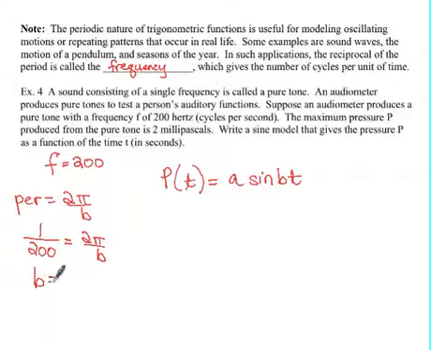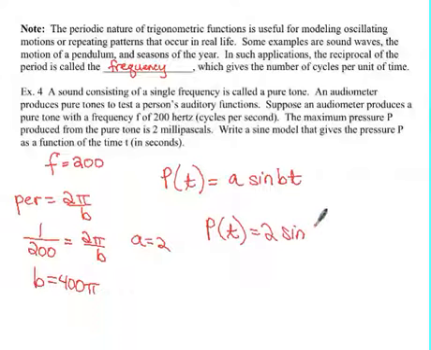Now we can just cross multiply, and I know b then is 400 pi, so I'm going to plug that in for b. A, if you know the maximum is the amplitude, that's how high up it's going to go, but then it's also going to be how low it's going to go. So A is actually 2. So here's my function. P of t equals 2 sine 400 pi t. And that's all 400 pi t inside that sine function.